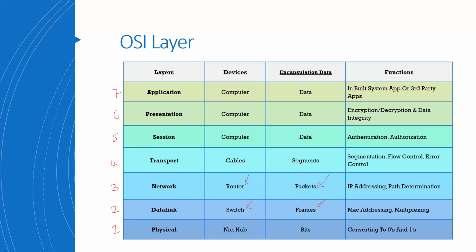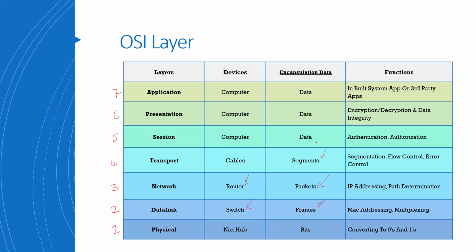It segments and reassembles data into manageable units known as segments or datagrams. Devices at this layer include gateways and firewalls. Data is going to travel in the transport layer in segments.